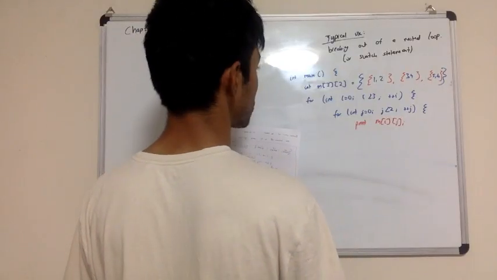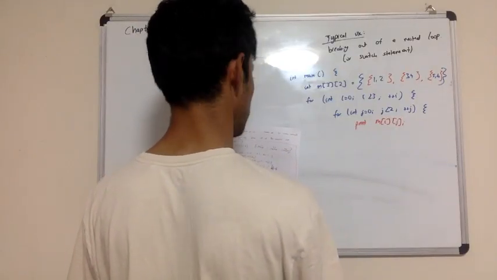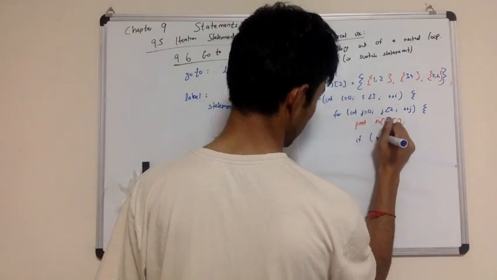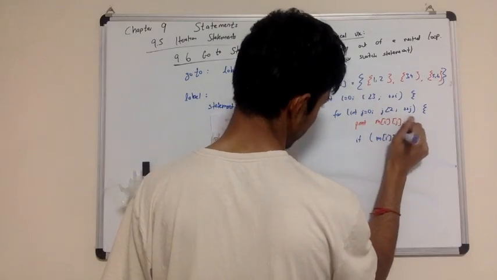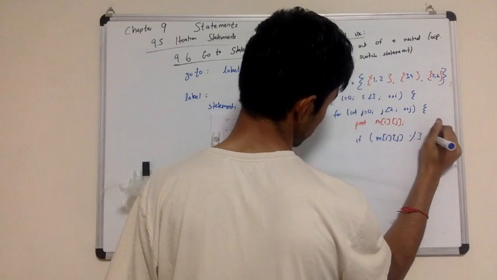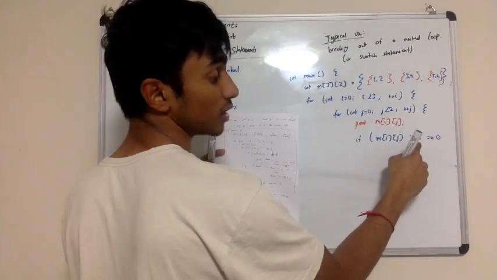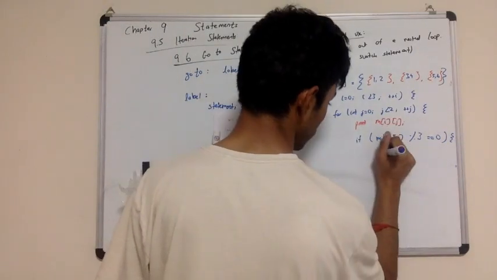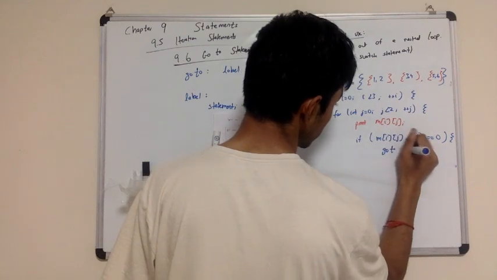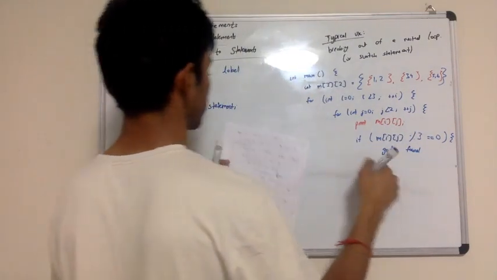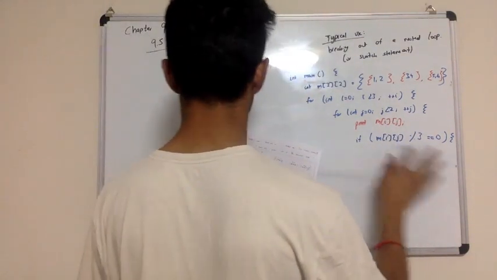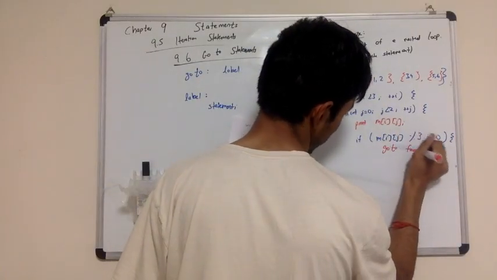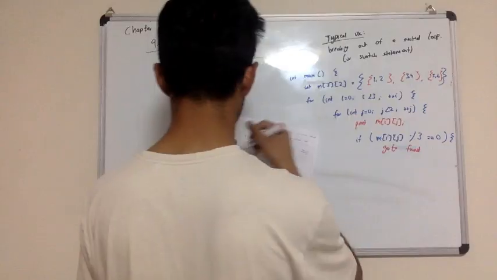You start there. But then, let's say I'm looking for the first number that is divisible by 3. So if m[i][j] mod 3 is equal to 0, that is, the remainder when you divide by 3 is equal to 0, so divisible by 3, then goto found.